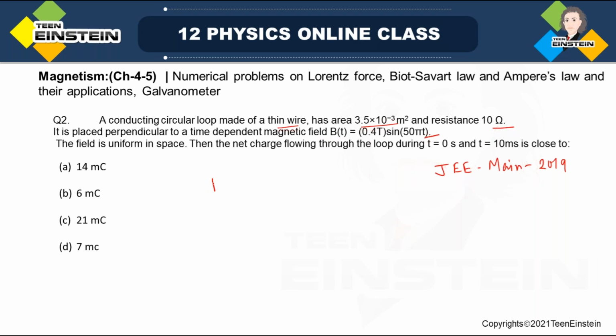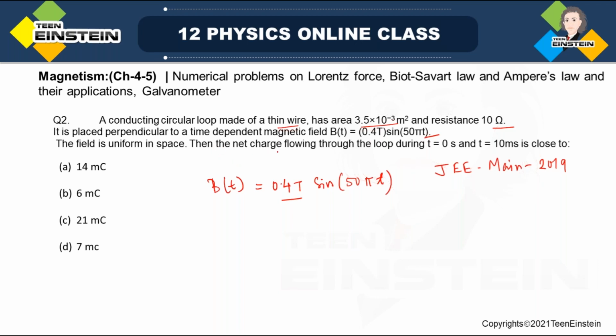I'll write the time-dependent magnetic field: B(t) is equal to 0.4 Tesla into sine 50 pi t. So the field is uniform in space, so there is no space variation. It is only time variation. That's why this amplitude term is constant.